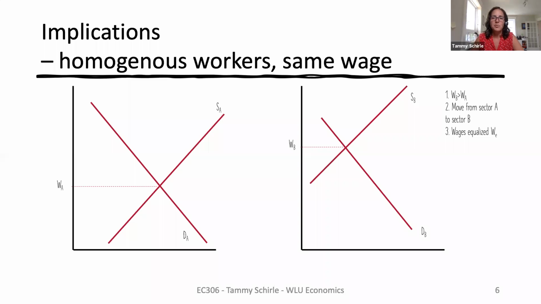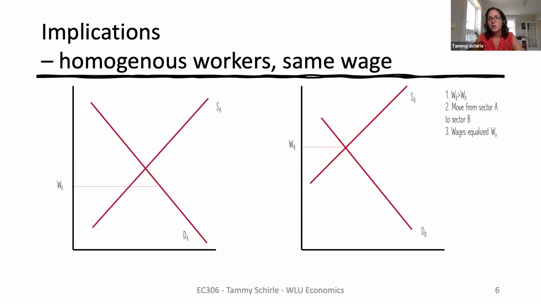Now, in this diagram, we see workers in sector B on the right-hand side are being paid more than workers in sector A. It's just the way that things have worked out to clear the markets within each sector. So what's going to happen from here? Well, the folks over in Sector A are going to look over and realize they could earn higher wages elsewhere.